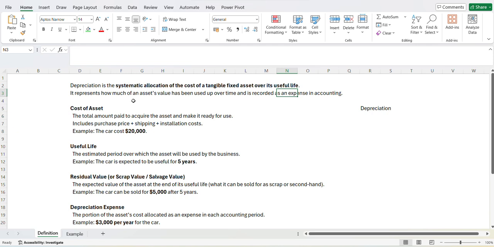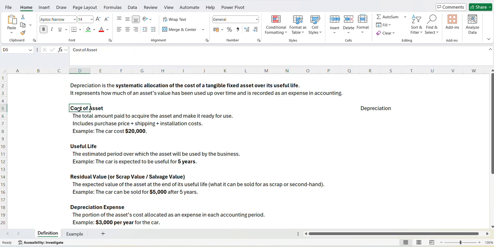When you buy a motor vehicle, and your basis of accounting is accrual, how do you show the cost of that motor vehicle? You don't put the whole cost of that asset in one financial year, but you allocate the cost annually to that asset. So what are the key terms we need to know?